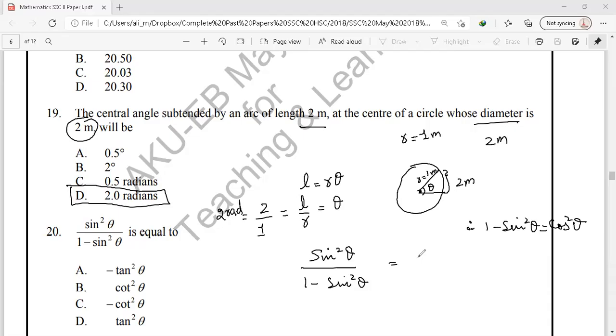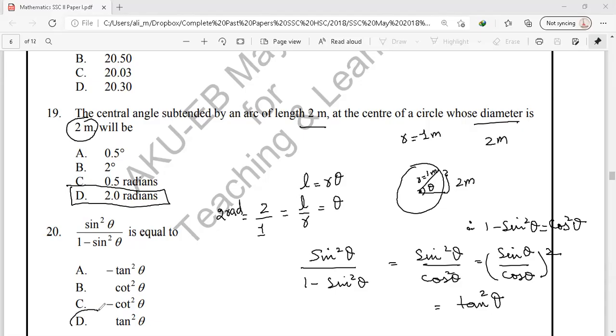So we can replace this 1 minus sin square theta by cos square theta. We can write this expression as sin theta over cos theta whole square. So sin over cos, as we know, is equal to tan theta, and squaring this will make tan square theta. So option D is the correct answer in this question number 20.